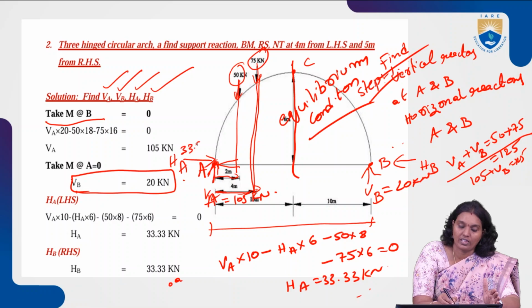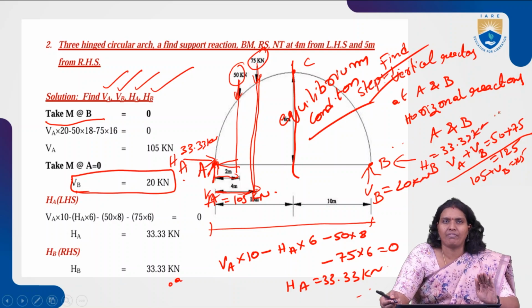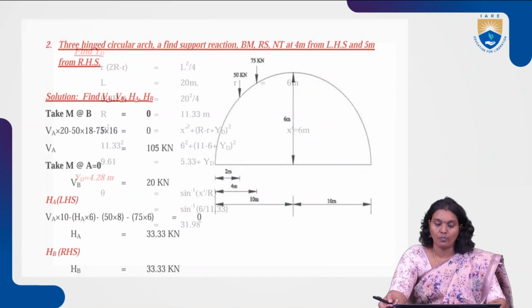So 33.33 kilonewtons at A, and the horizontal reaction HB is equal to 33.33 kilonewtons. Like this, the first step is completed: the vertical reactions at their respective points as well as the horizontal reactions at their respective points.